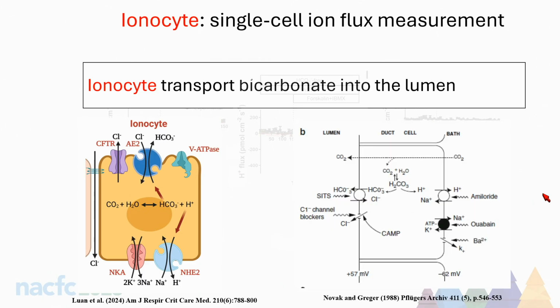This is exactly the same as was proposed by Novak and Greger in 1988 for the pancreatic duct cells. You can see the same thing, the bicarbonate chloride exchanger in conjunction with a chloride channel. That makes me a little bit happy because this model has been tested forever and it still remains valid.